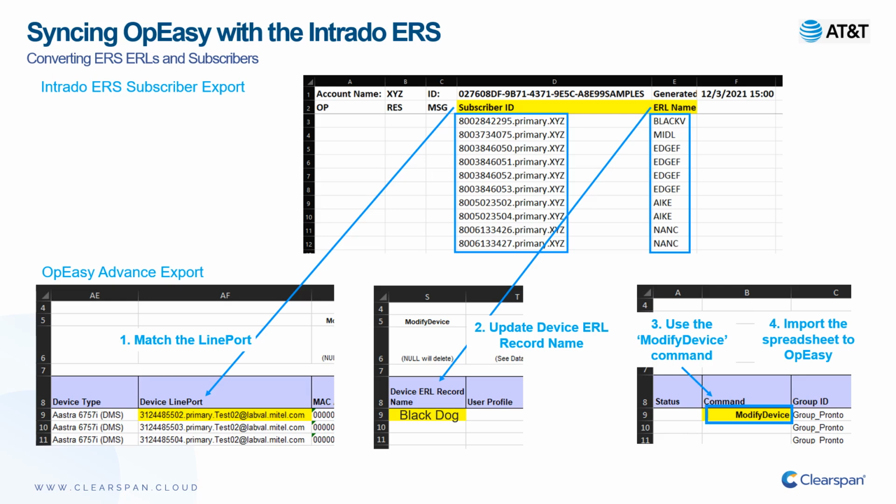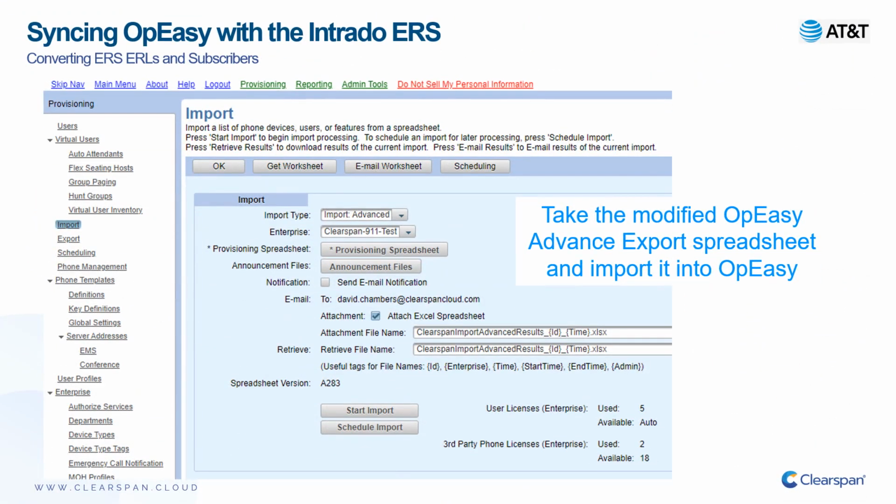Then copy the ERL name from the ERS export into the OpEasy export and select the modify device command, and then import that spreadsheet into OpEasy by utilizing the advanced import selection in OpEasy. Once that import is complete, the subscriber devices in HVS are now linked to the ERLs in the Intrado ERS.